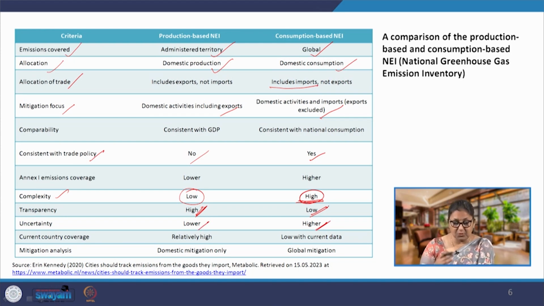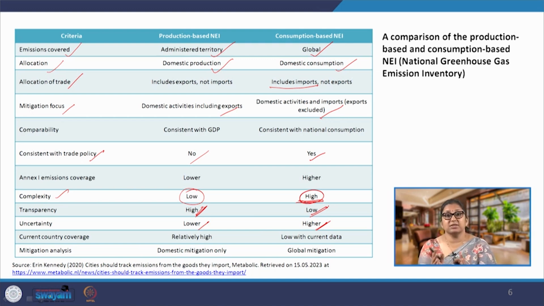And that is the reason why the world is going ahead with the production based emission calculations largely. If you look at the current country coverage as to which countries are going for production based emission calculations, it is relatively higher for the obvious reasons, and the consumption based emission accounting is much lower with the current data, which is easily understandable.